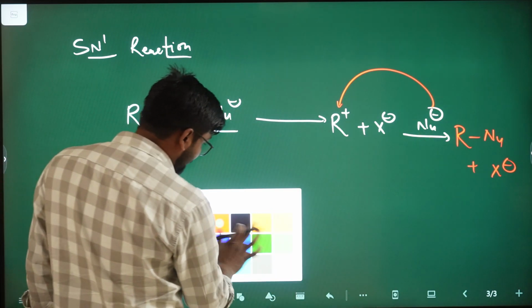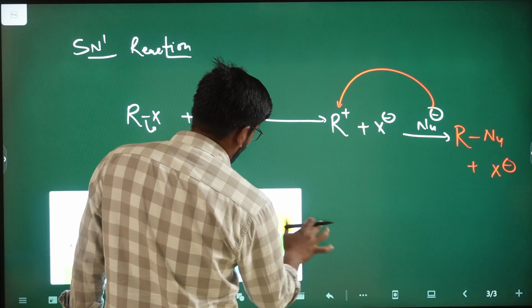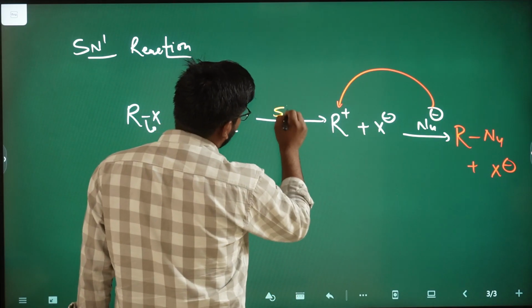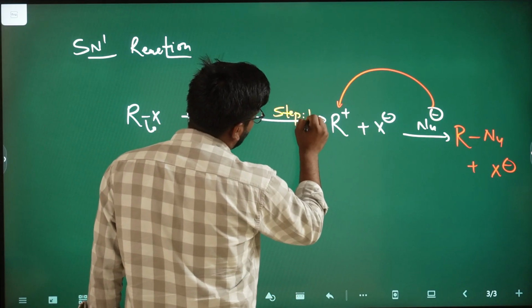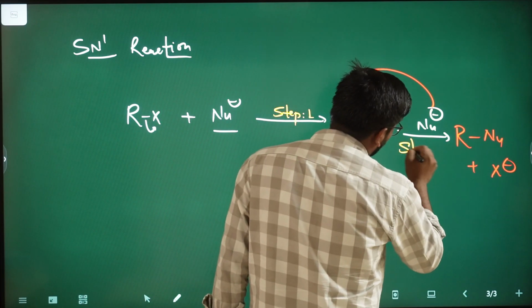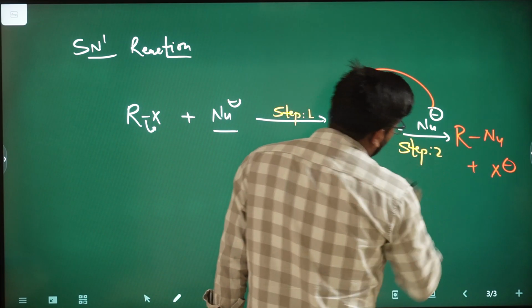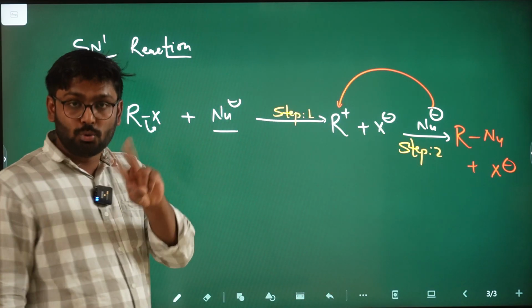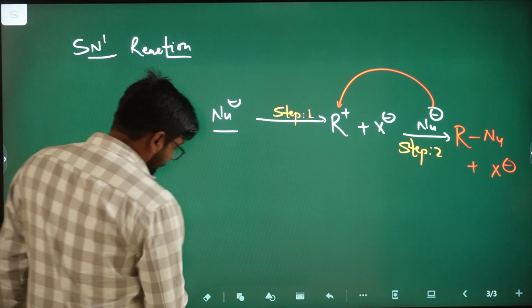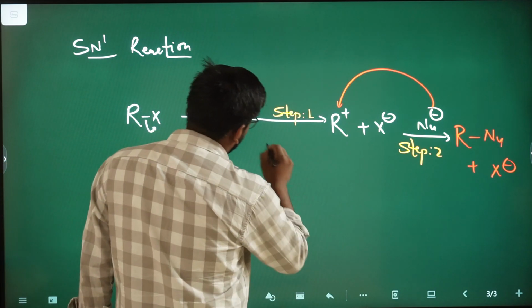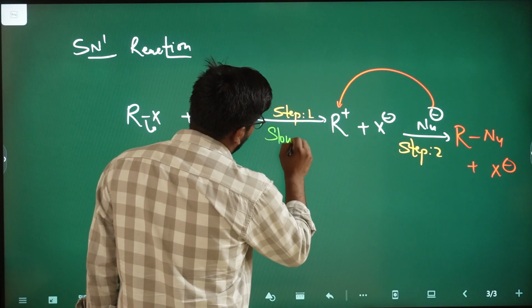Here you can see this is step 1 and this is step 2. So SN1 reaction is a two-step reaction and this is a slow step.